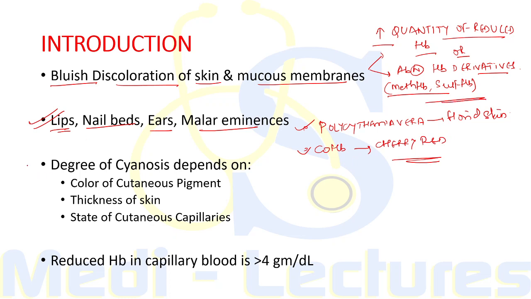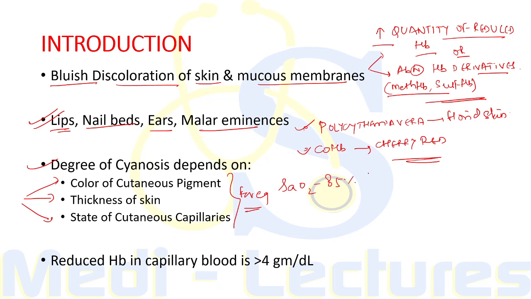The degree of cyanosis depends on color of the cutaneous pigment of the patient, thickness of the skin, and state of cutaneous capillaries. For example, in some patients, cyanosis can be detected when arterial oxygen saturation falls to 85%.